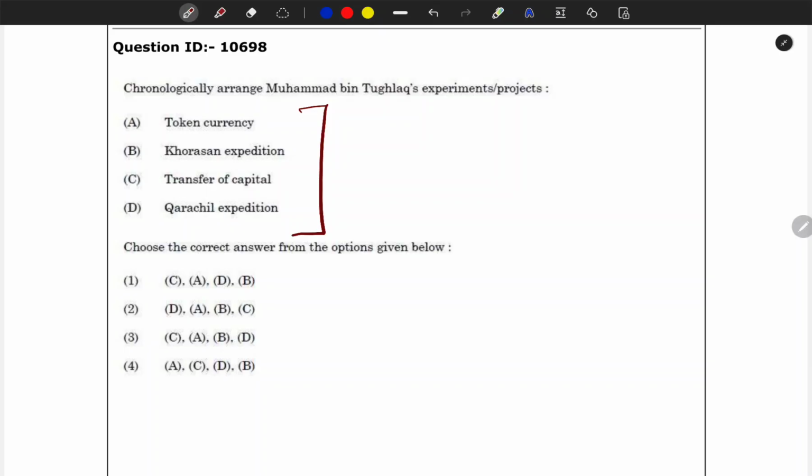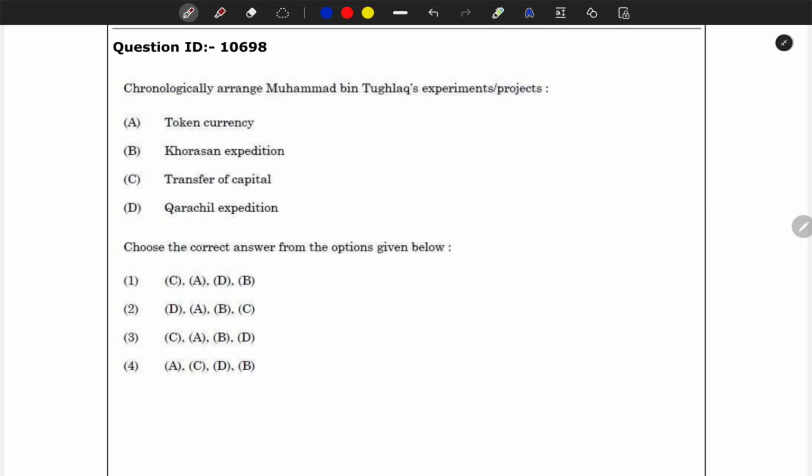If they were asking about the experiments done by Muhammad bin Tughlaq, it would have been easy to select the options from here. But they have asked the chronology.